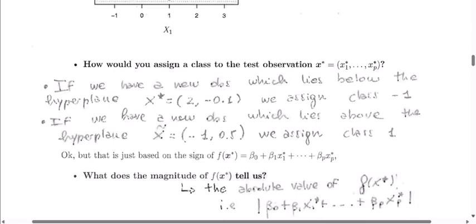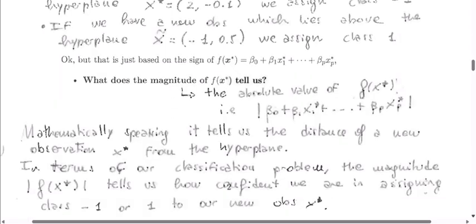But the question is, if I find the magnitude of the linear combination that involves the new observation x star, what does it tell us? I need you to pay attention. If you don't understand, make sure you ask questions. I have my model and I've plugged in the new observation, x1 star up to xp star, and I take the absolute value of that.